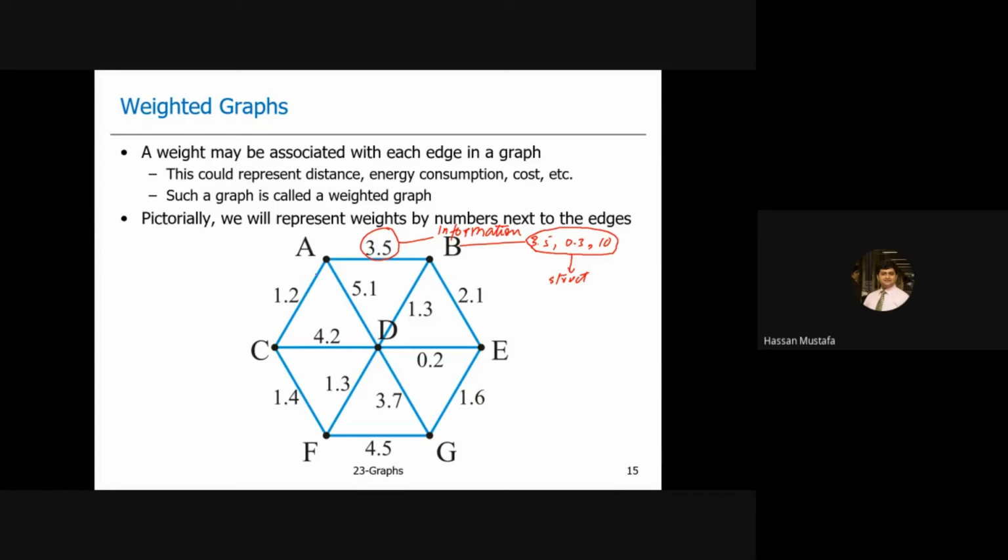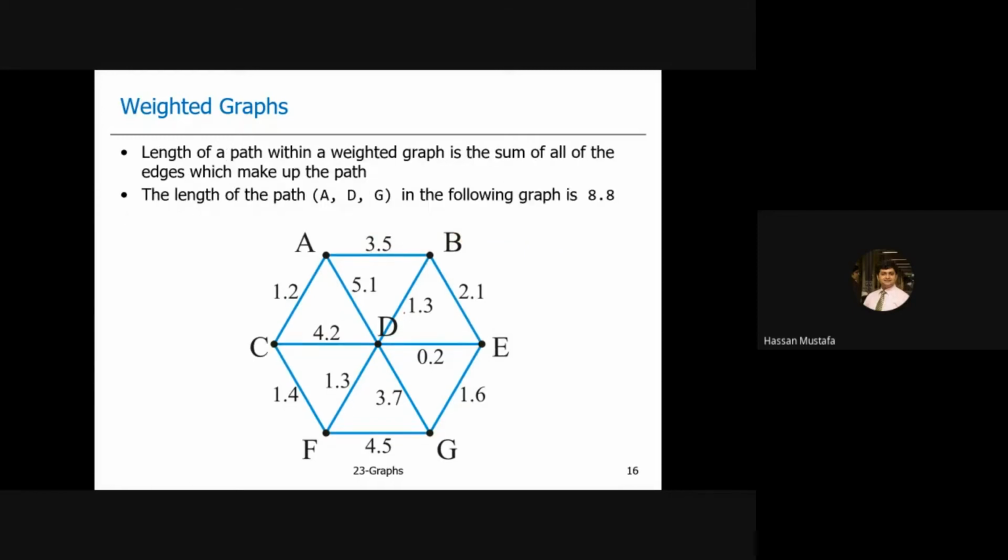So a graph that has weights on the edges is called a weighted graph. The difference between a normal, weightless graph and the weighted graph is that when we measure the distance between two vertices, we actually add up the weights of the edges, and we show the exact sum of the edges taken to reach from source to destination.